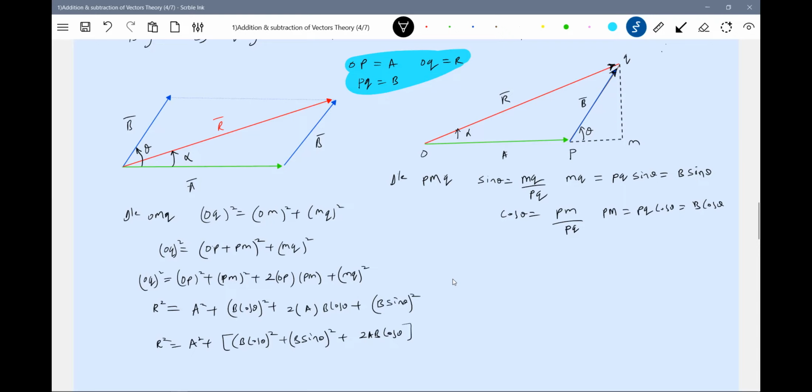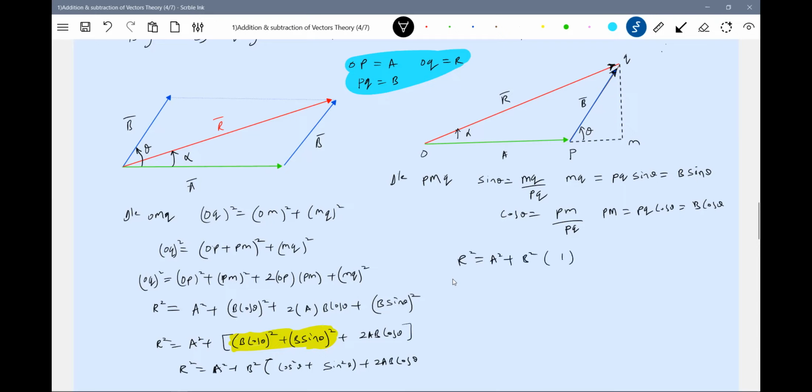Now, these two terms, can we group them? Then this expression becomes R square equal to A square plus B square times cos square theta plus sine square theta, plus 2ab cos theta. What is the bracket term?